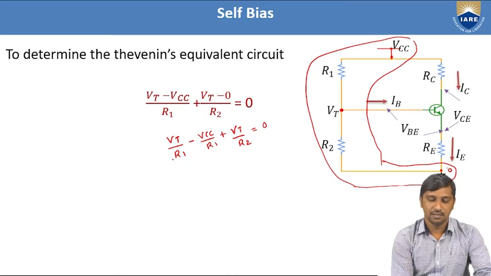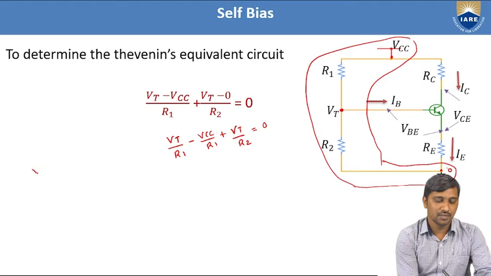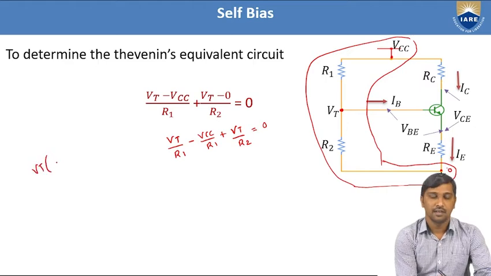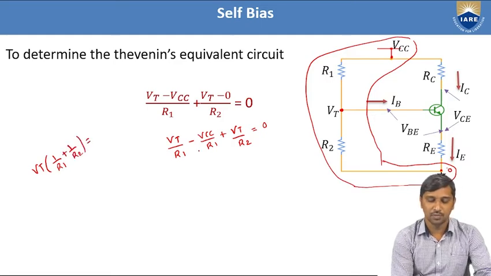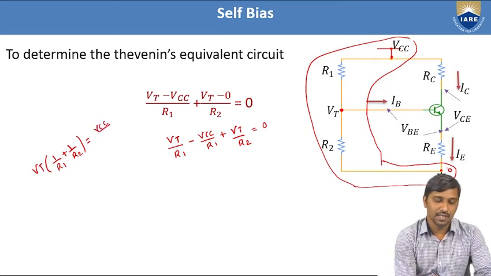In this case, we take the common terms. Vt is a common term, so we can represent it like this: 1 by R1 plus 1 by R2, that is equal to, I have taken this outside, VCC by R1.